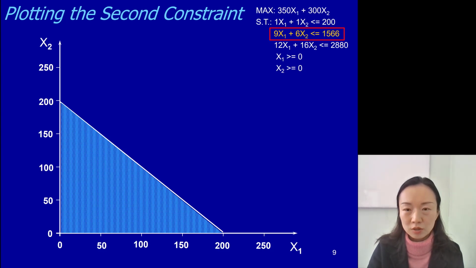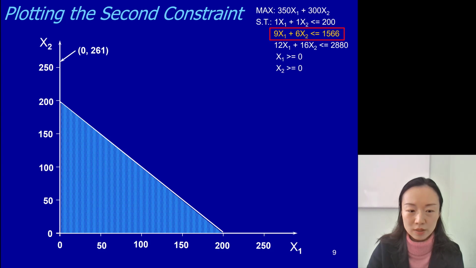First set x1 to be 0 and calculate the x2 value, then set x2 to be 0 and calculate the x1 value. If we set x1 to be 0, then we get 6x2 equals 1566, so x2 equals 1566 divided by 6. That's our first point, (0, 261).